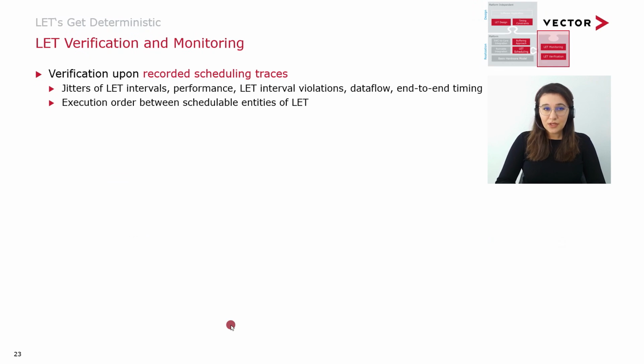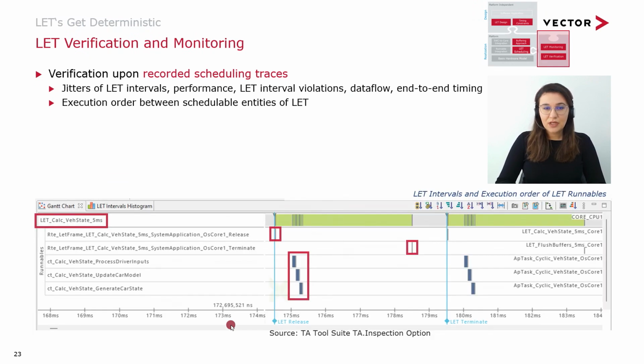Through recorded scheduling traces, which will be covered in much more detail in several sessions in this event, we import the scheduling traces so that we can analyze what happened in the system and when those LET intervals are executed. By importing the trace in the TA Tool Suite, we can see the LET intervals as dedicated objects.